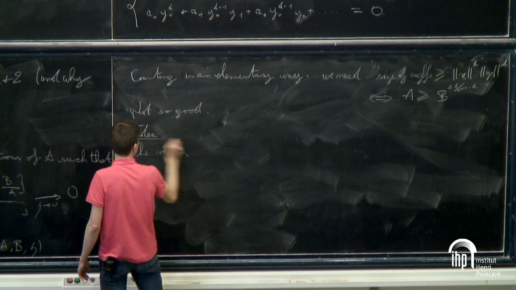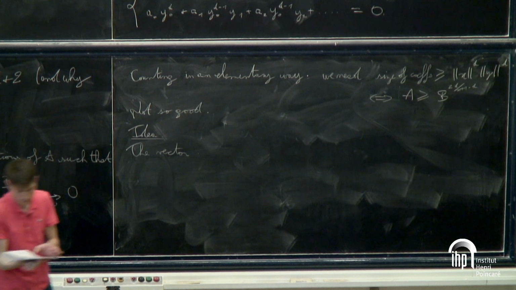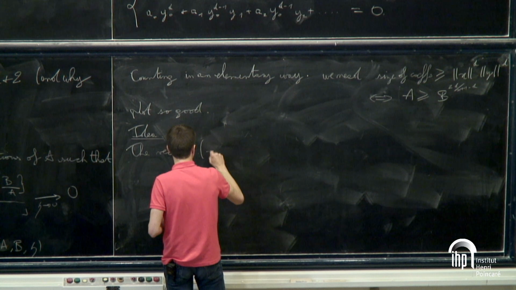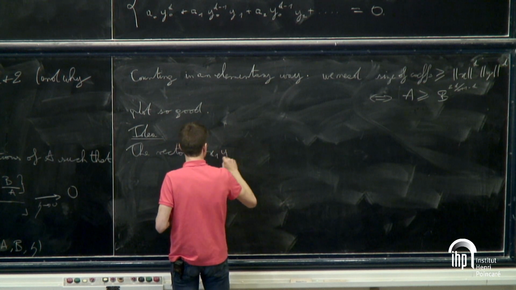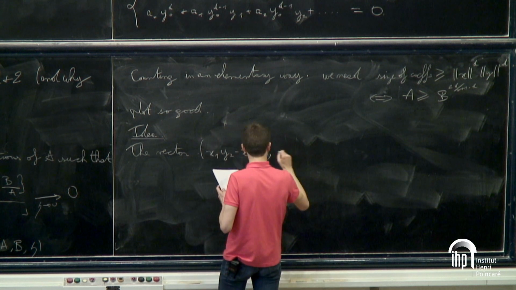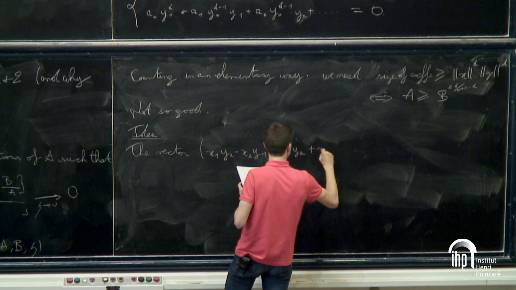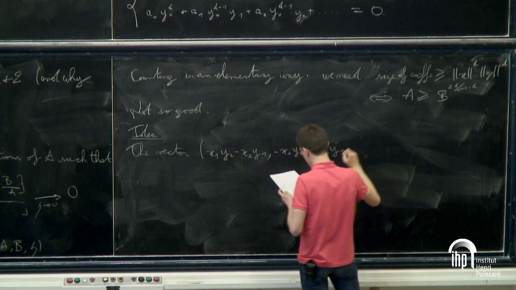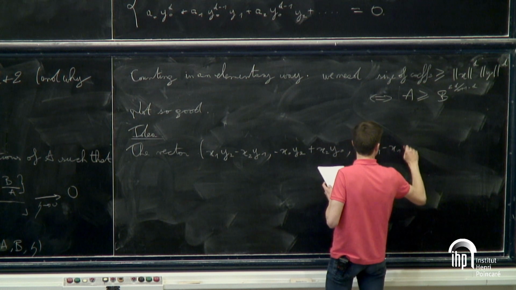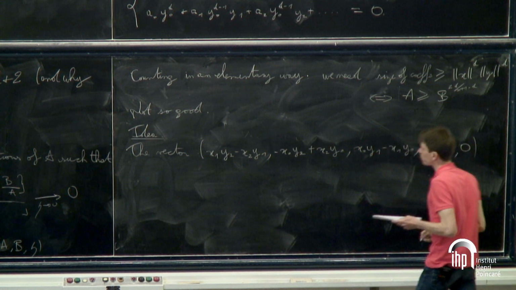So I'll let you check that the following vector, let's see. So x1, y2 minus x2, y1, and then minus x0, y2 plus x2, y0, and x0, y1 minus x1, y0, and then 0, 0.